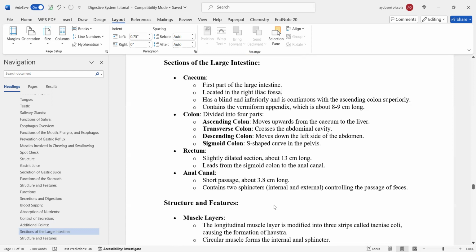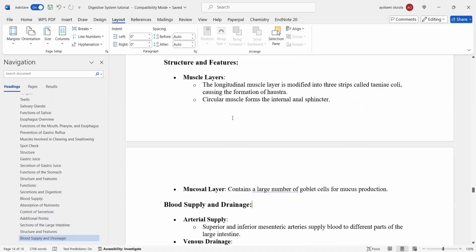So let's talk about the structures and features of the large intestine. We have the muscle layers, the longitudinal muscle layer. Well, for now, let's keep this structure.